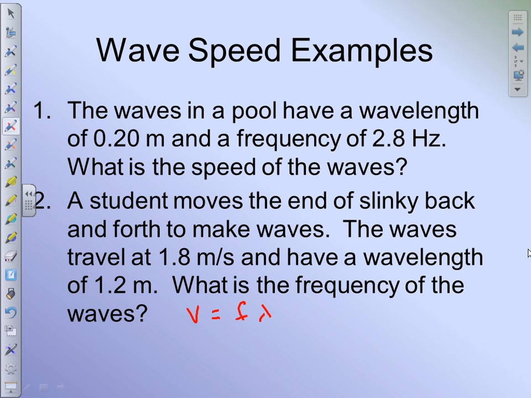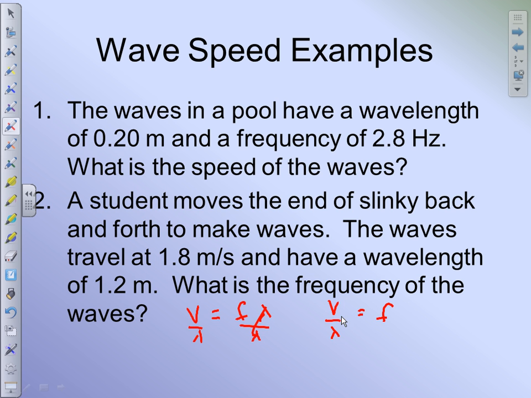Frequency, right? So we have to do a little rearranging of this equation to get frequency by itself. What are you going to do to get frequency by itself? Divide both sides by lambda. So you divide this side by lambda, divide this side by lambda. These cancel, and you're left with F equals V over lambda.